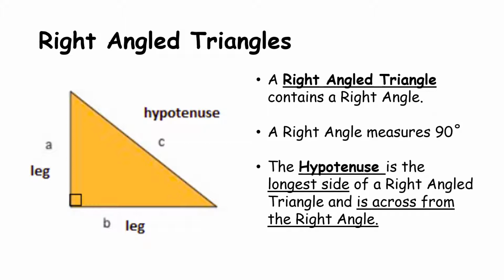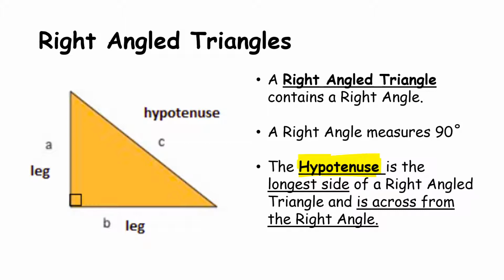And a really important word that you need to know is the word hypotenuse. A hypotenuse is the longest side of a right angle triangle. Sometimes that can be difficult to spot if there's very little difference between the sides and if the triangle itself has been rotated.